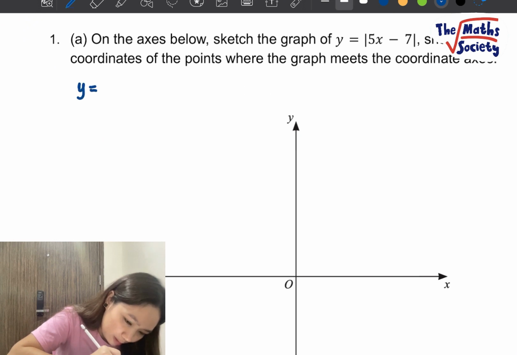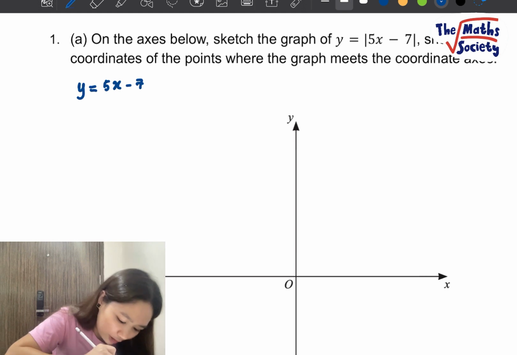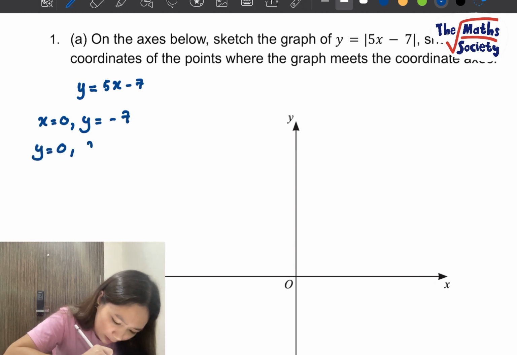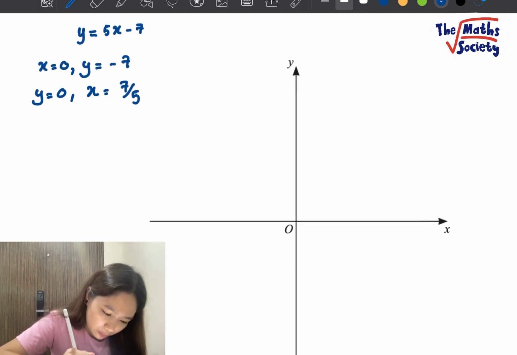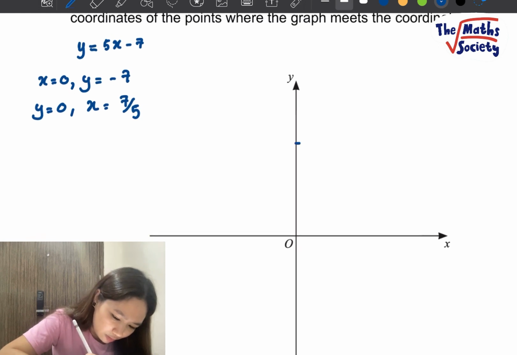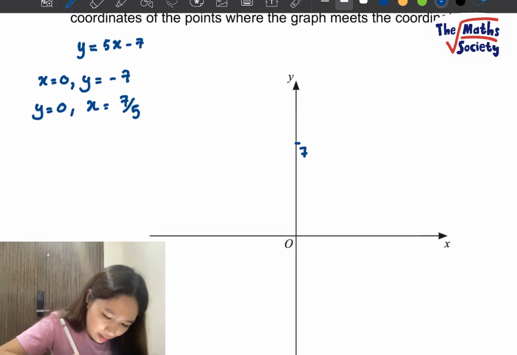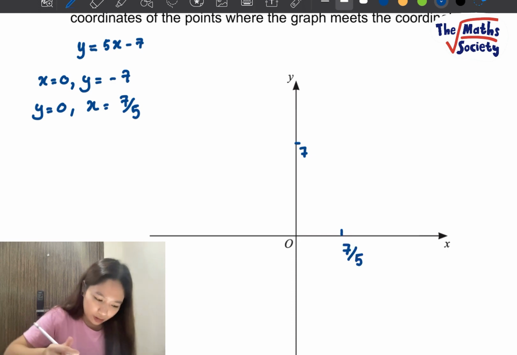So firstly, I'm just going to find my points. I'm going to take out the modulus and find my points. I'm going to let x equal 0, so y is equal to -7. And I'm going to let y equal 0, so my x will be equal to 7/5. So (0, -7), which is supposed to be down here, but since I'm drawing a modulus graph, I'm going to put it up here, plus 7. And then there is going to be 7/5.